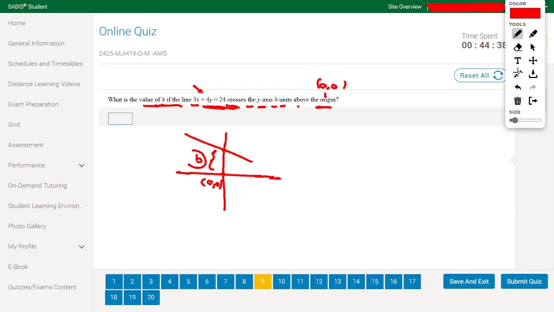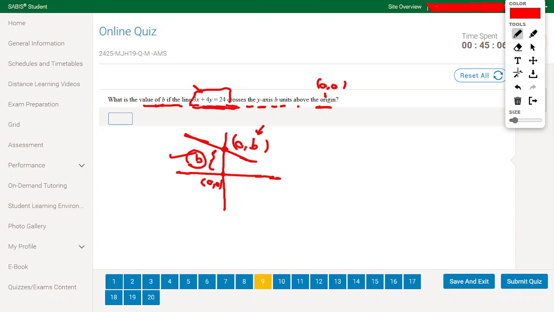So this is the b. So this point where the line crosses the y-axis is here. This point is 0 and b, because x here is 0 and y will be b. And the line crosses this point, that means this point is a solution for this line equation.